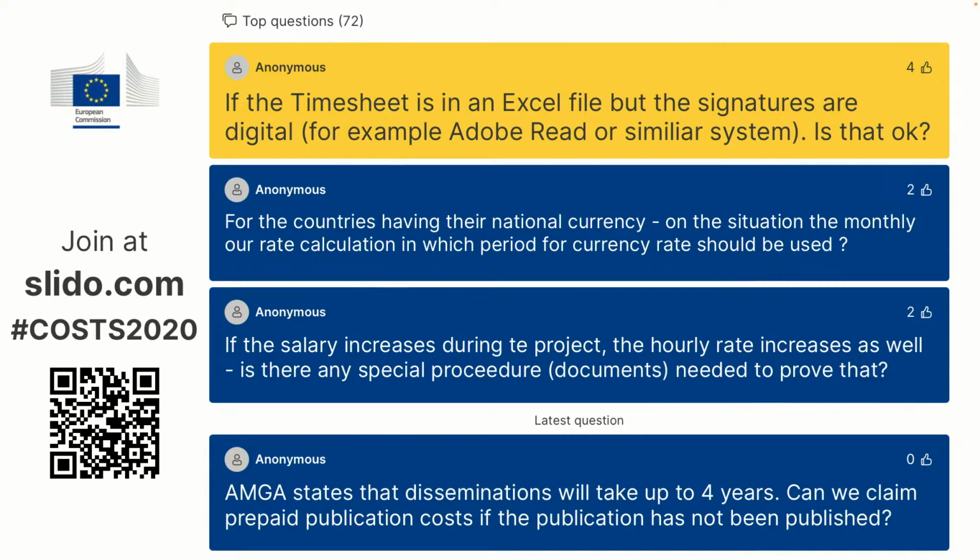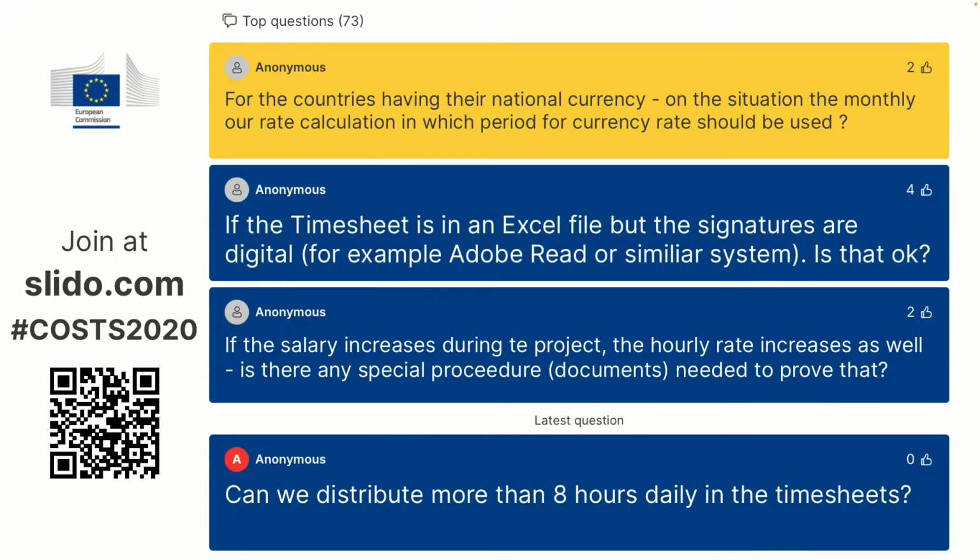And if I remember well, we also have a link in the annotated grant agreement to this web resource giving the exchange rates for all the countries of the world. So you just go there and you find on the day of reporting what the rate is for your particular situation.